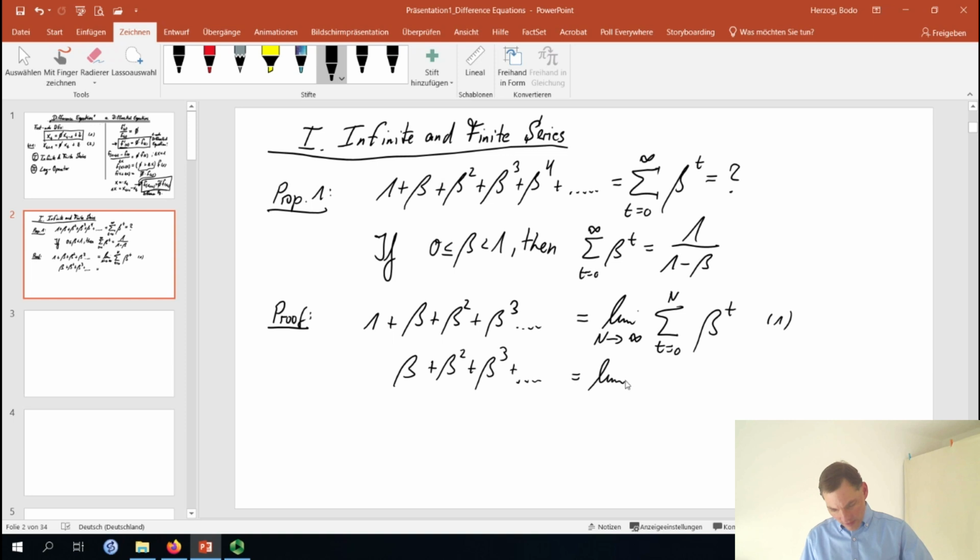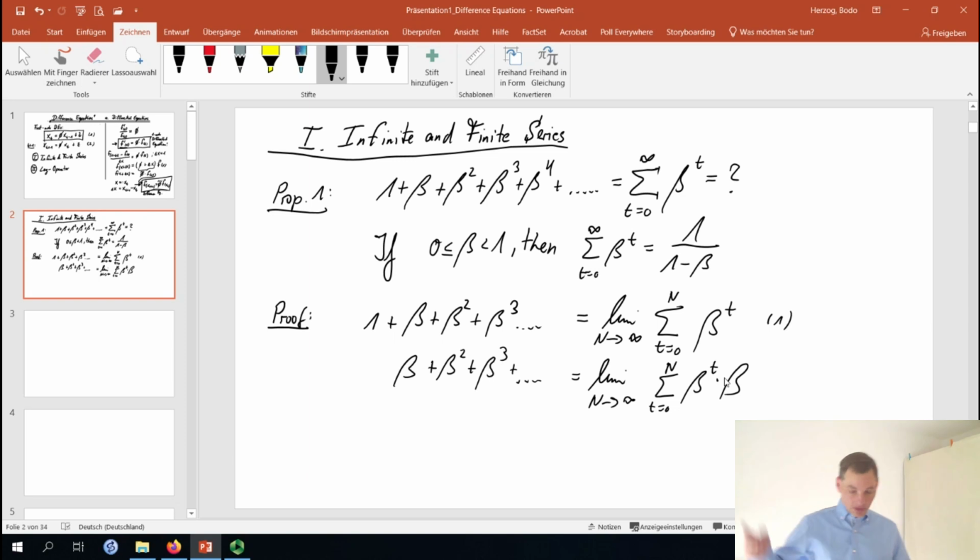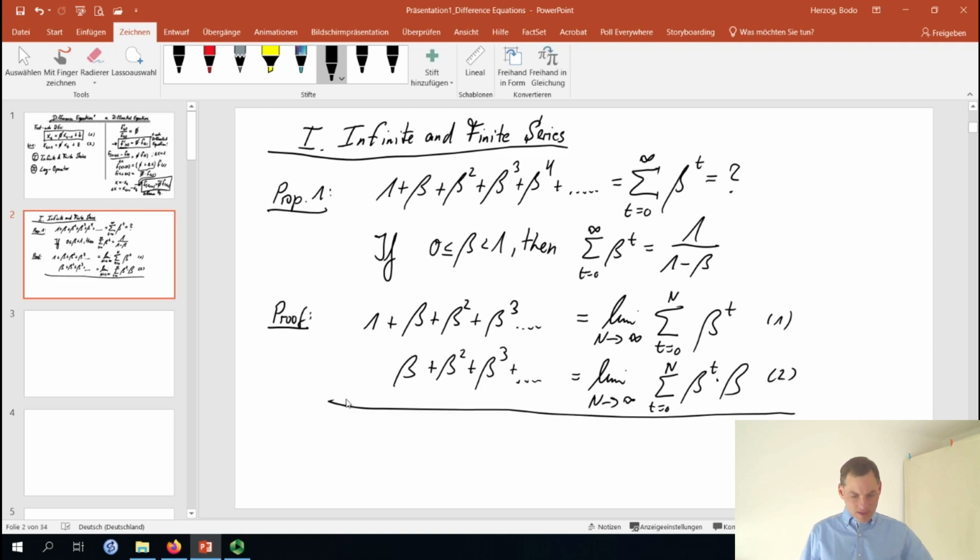So then we have here on the right-hand side the limit n to infinity of the sum t equals 0 to n. But what do I have here then on the right-hand side? Well, I have beta to the power of t times beta, or you can say beta to the t plus 1. But let me write it like this. So that's just my series 2. And now let's subtract 1 from 2.